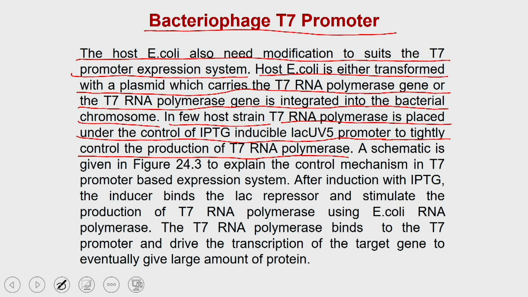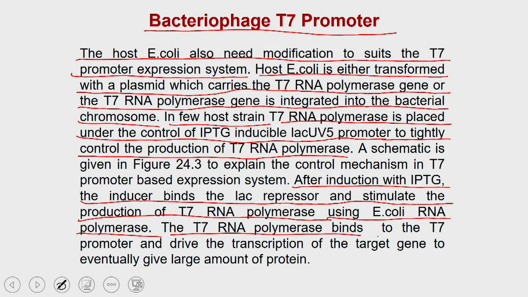After induction with IPTG, the inducer binds the lac repressor and stimulates the production of T7 RNA polymerase using E. coli RNA polymerase. The T7 RNA polymerase binds to the T7 promoter and drives transcription of the target gene to eventually give a large amount of protein.